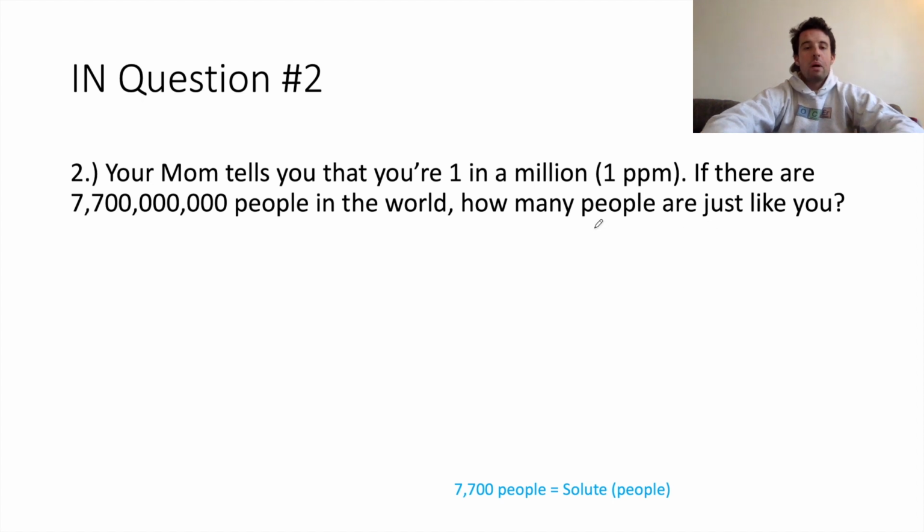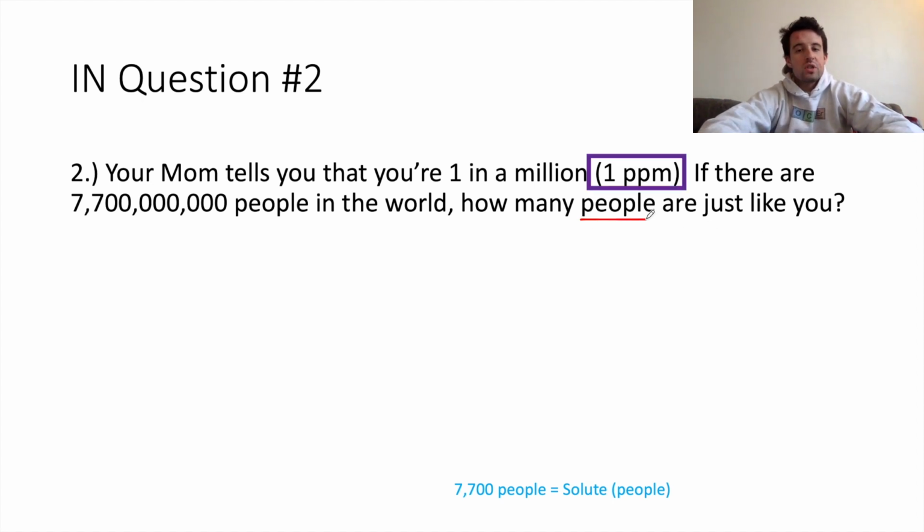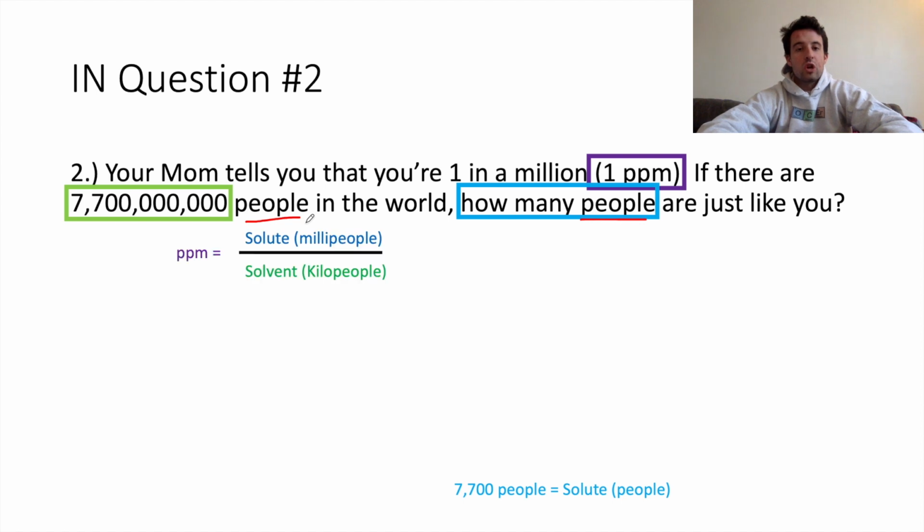Here, remember, these units are no longer grams. Now we're dealing with people. So if we were to convert the first shortcut equation, it would be solute of millipeople divided by solvent of kilopeople. We don't have millipeople and kilopeople, we just have people, right? There's no such thing as 1/100th of a person or 100 people groups.